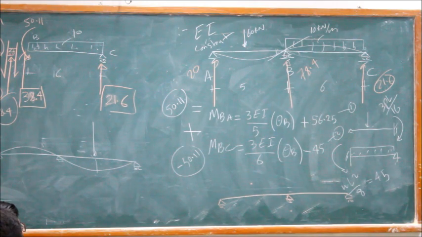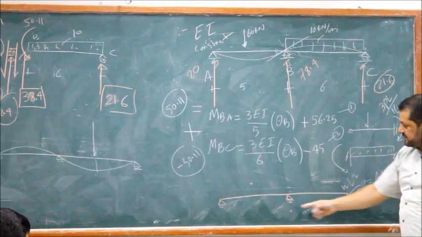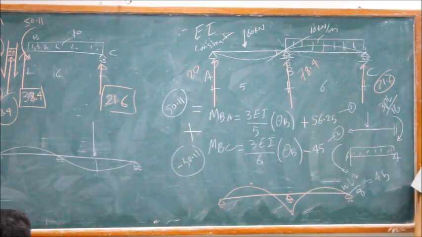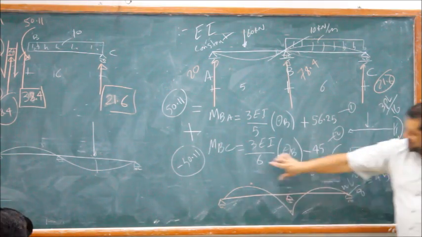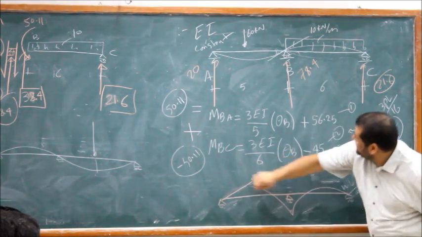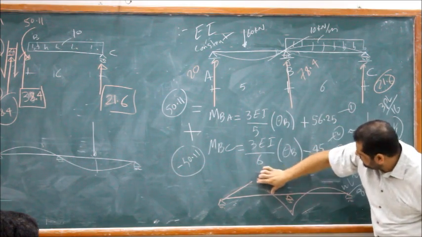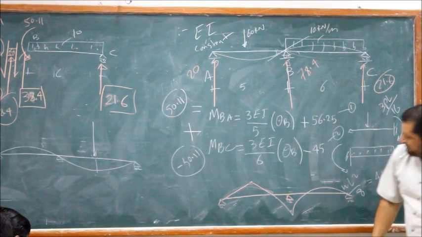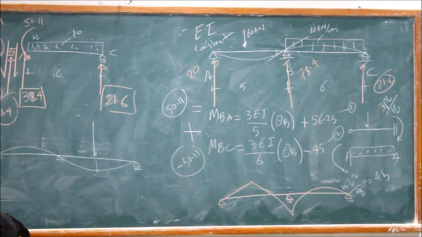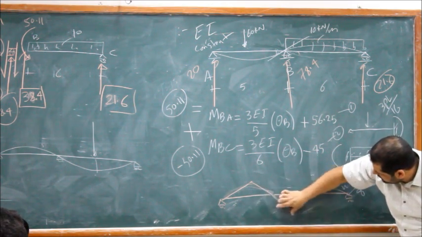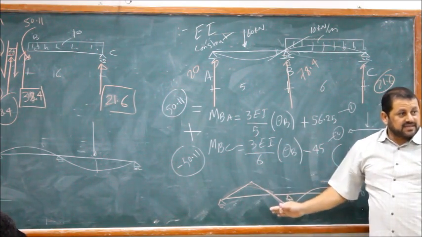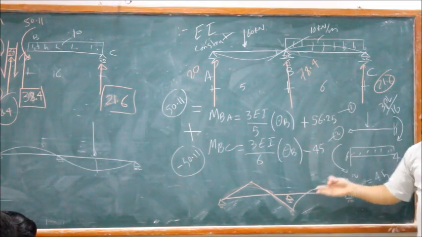50.11. We calculated this. 50.11. So usually, always if you have two spans, this has negative moment. Moment, please. Good. Then that one is linear. Good. Then start curving. See the linear line here has the same slope as this slide.